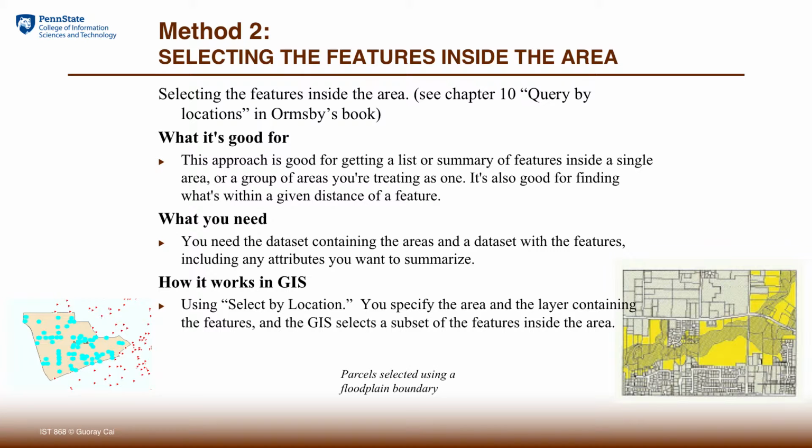It is good if we have discrete features and we know the area that we want to count or summarize. In ArcGIS, we have a command called select by location, and that will be the tool we're going to use to do the analysis on what's inside. There are a number of spatial relationships we can cover later, but this method is most powerful.